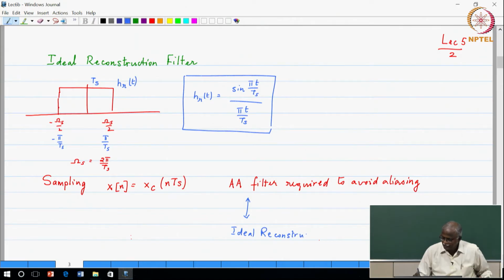Keep in mind that this is for a particular sampling frequency. Anti-aliasing and reconstruction require filters of similar properties, the ideal reconstruction filter. I thought you may have already noticed it, but I should mention that they are actually identical for a given omega s.